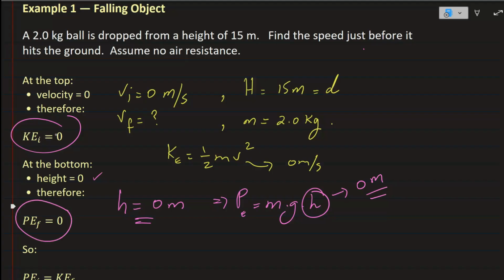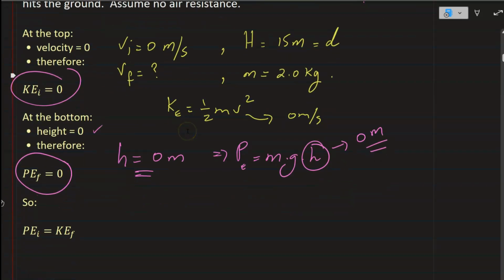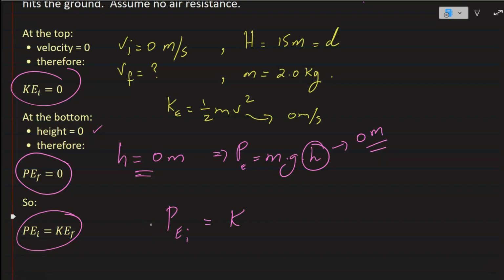In total, there is no kinetic energy before, so that is 0, and there's no potential energy after, that is 0. So this equation, potential energy initial must equal the kinetic energy final. This equation must hold.